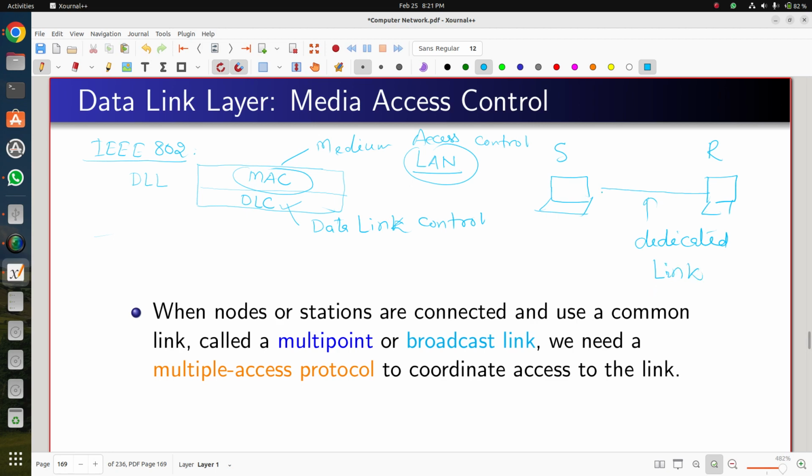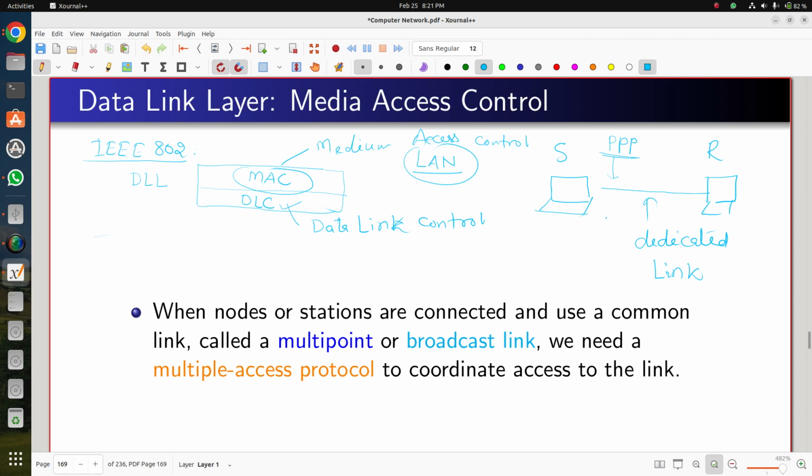When there is a dedicated link between sender and receiver, you do not need to do anything to control the access of the data. However, you will require some protocol so that these parties can communicate properly and efficiently with higher link utilization. An example of a protocol for this purpose is PPP, point to point protocol.